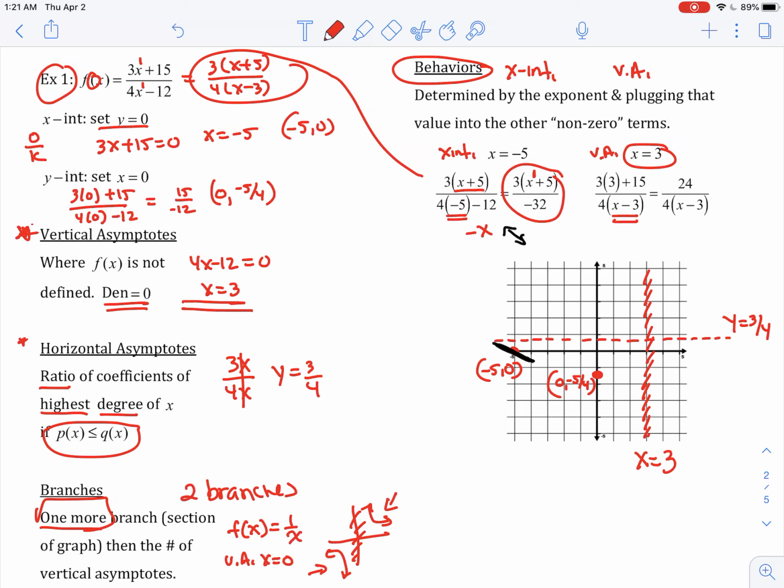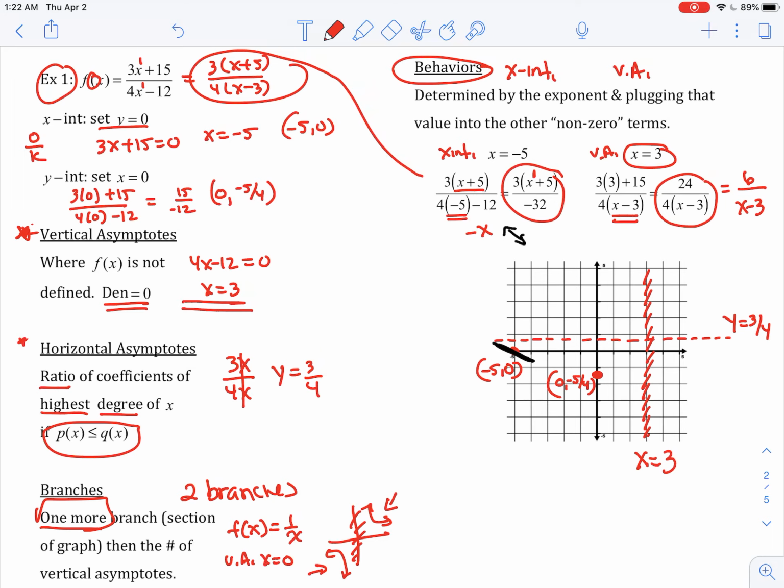So we have 1x in the numerator to plug into, and we're going to leave the x term in the denominator, that x minus 3 factor. If we plug that in, we get 24 over 4 times x minus 3, or simplified a little more, 6 over x minus 3.